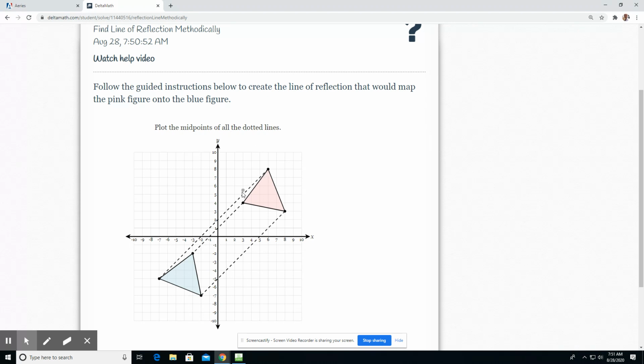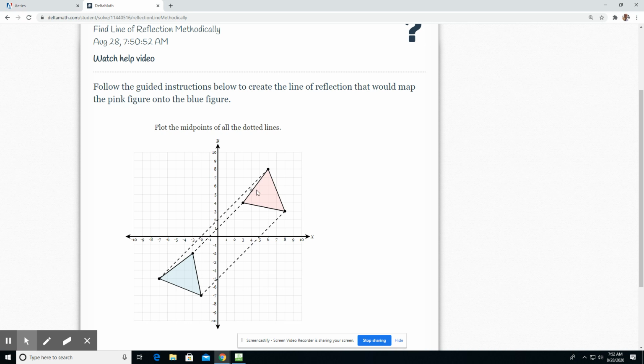So we have to count how many spaces there are, since this is hard to do visually. It looks like it should be around there, but I don't want to guess. So I'll start here and go 1, 2, 3, 4, 5, 6, 7, 8, 9, 10, 11, 12, 13.